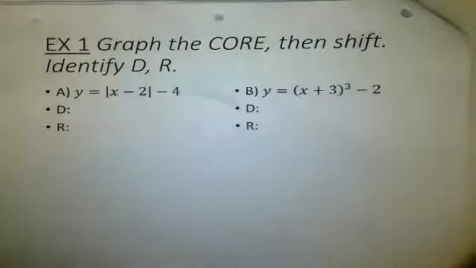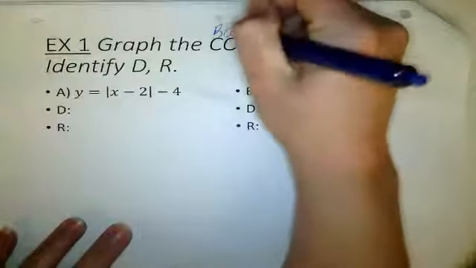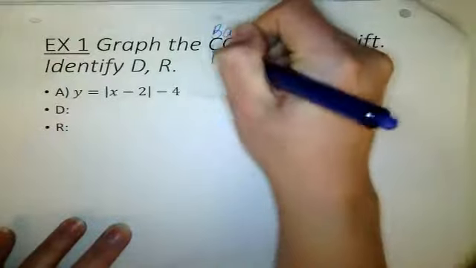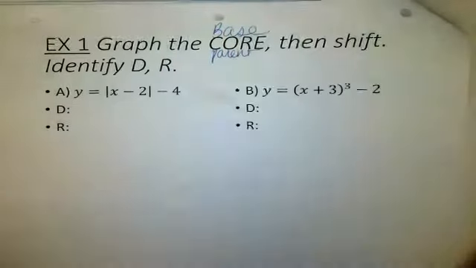Oh, I use the word core. I use a different word every year. Base, parent, function. Graph the main one. Graph the basic shape. I don't know, whatever word you want to use. Then we're going to shift it just like we learned how to shift yesterday, which is kind of nice.